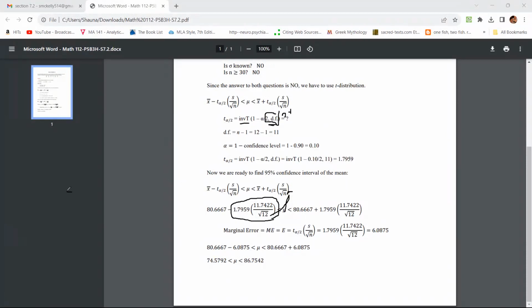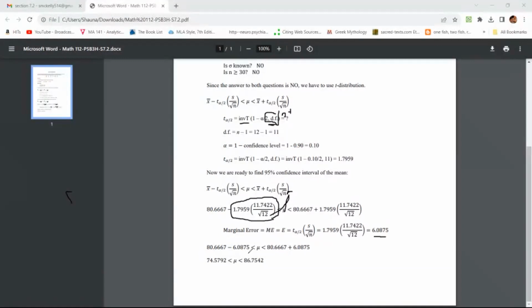Go ahead and calculate that, and she did that separately. You can see that here. Margin of error is equal to E, which is 1.79. This is her error term right here, okay?